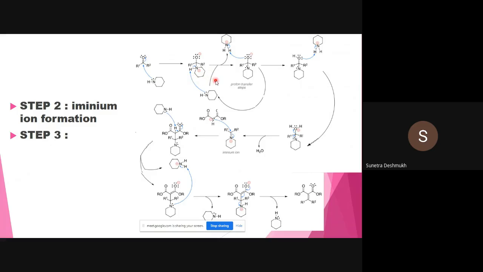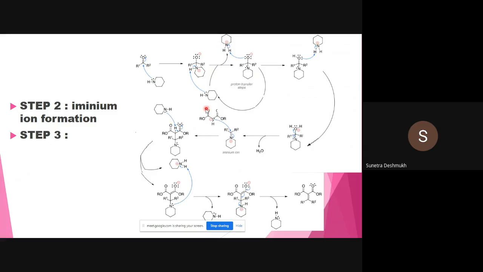First, the piperidine attacks the carbonyl carbon and addition takes place. Again we have neutralized this nitrogen atom. The next molecule of piperidine abstracts a proton and generates this type of neutral molecule. There is no charge on the nitrogen atom. Now we need H plus to protonate this oxygen atom, so it abstracts a proton from the protonated piperidine.